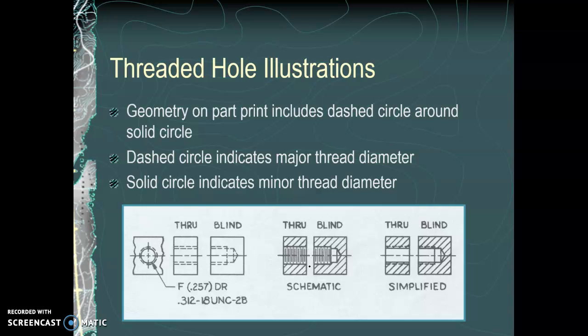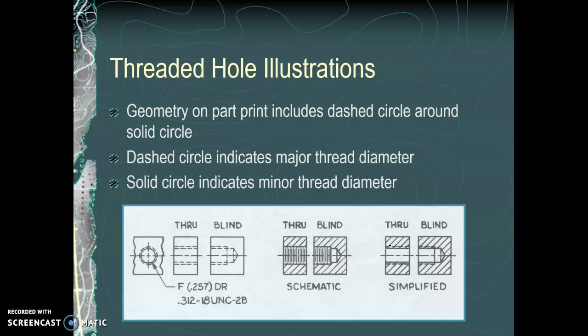So it's slightly more realistic, showing a representation of what those threads might look like inside the hole. But then there's also this simplified method, which is probably used more frequently, where we just use a dashed hidden line just outside the visible line itself.